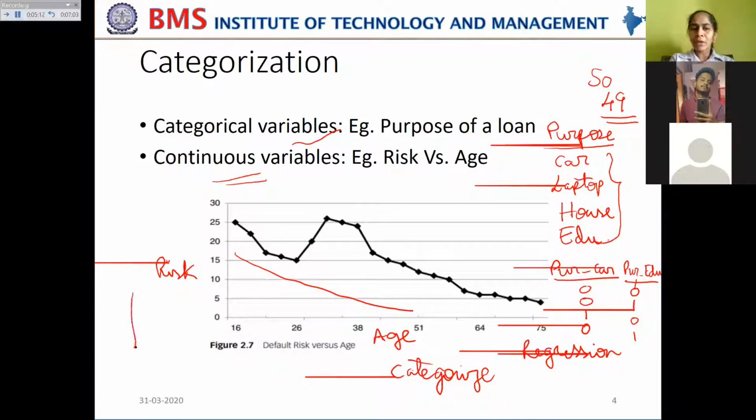Why? Because regression lines normally will be a straight line. They just fit the parameters as a straight line.